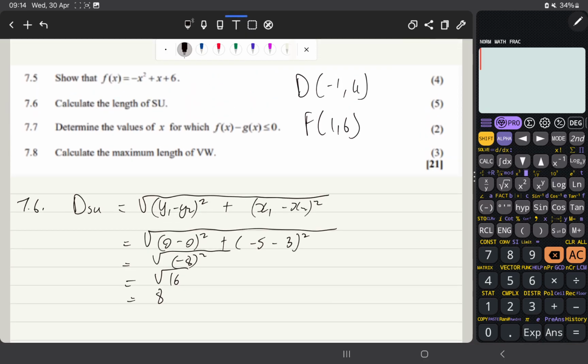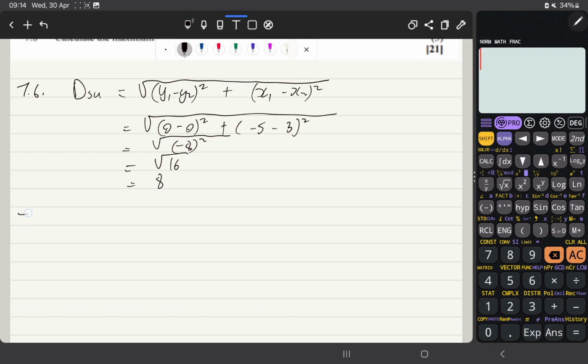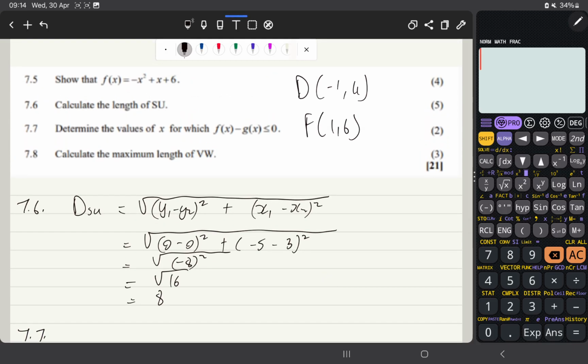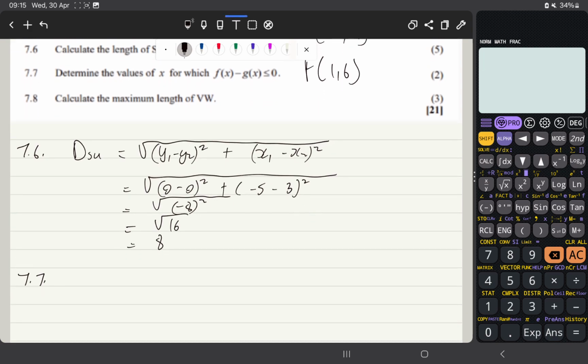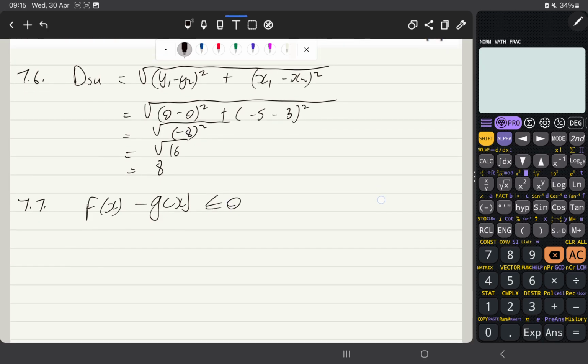We move on. 7.7 seems not to be much of a challenge. Determine the values of x for which f of x minus g of x is smaller than or equal to 0.